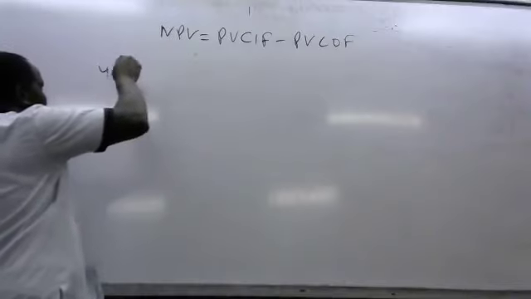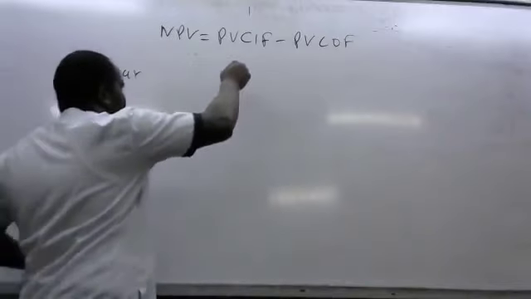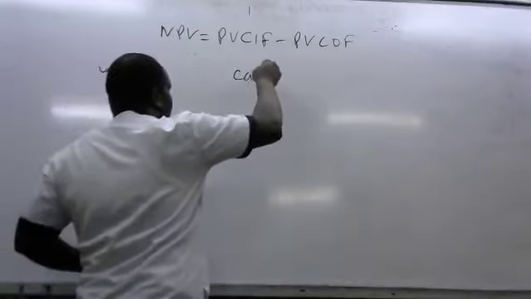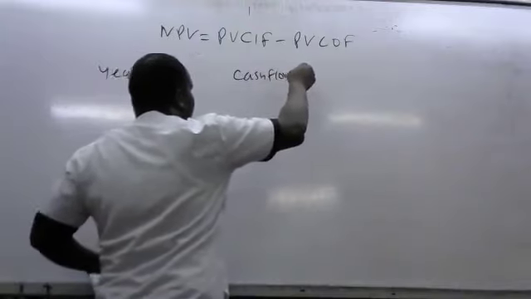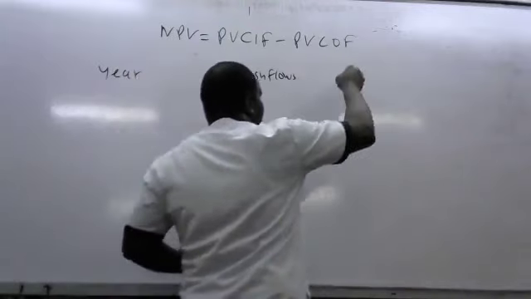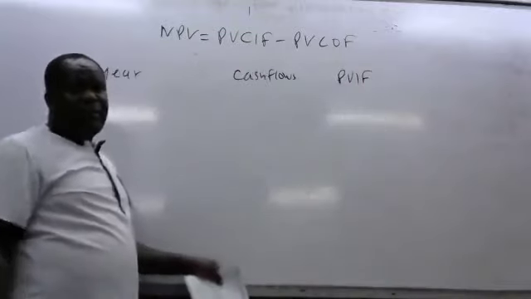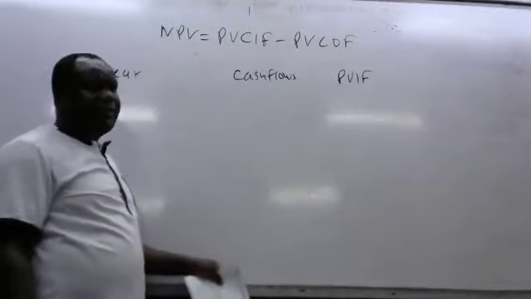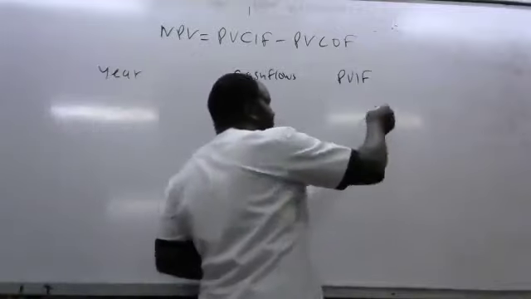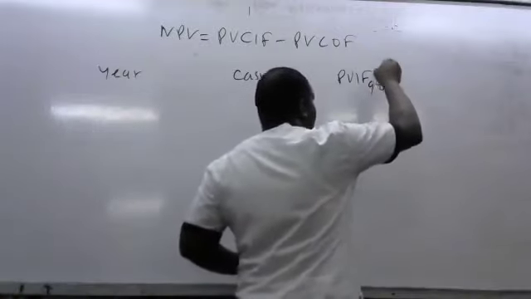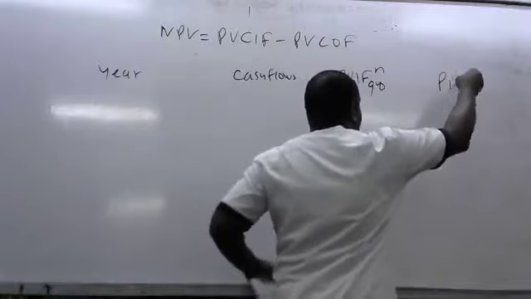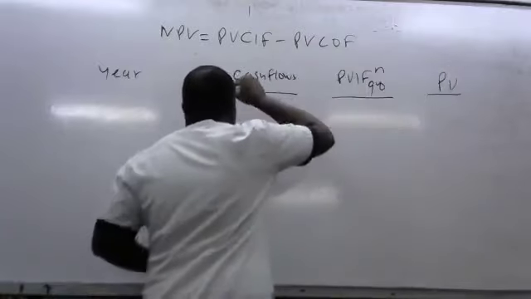We shall be having the year, then cash flows, then present value interest factor. Your cost of capital has been given as 9%, so that we get the present value.